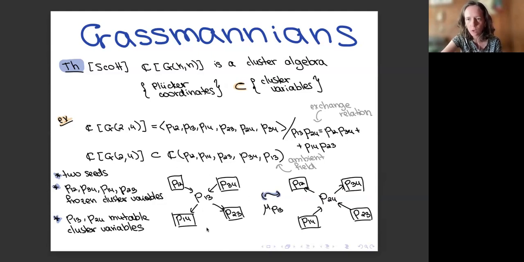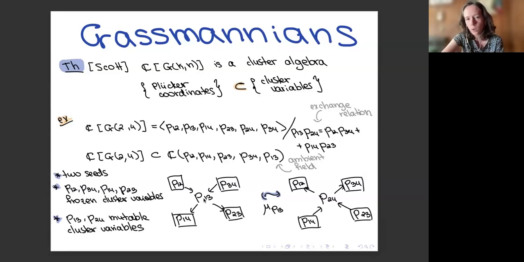That's the quiver you would associate to them, right? To every vertex you associate a cluster variable, and these cluster variables are these Plucker coordinates in this case. All of these on the outside, P1,2, P3,4, P2,3, P1,4, are frozen. These are the boxed vertices. There's just a single mutable vertex here, P1,3.